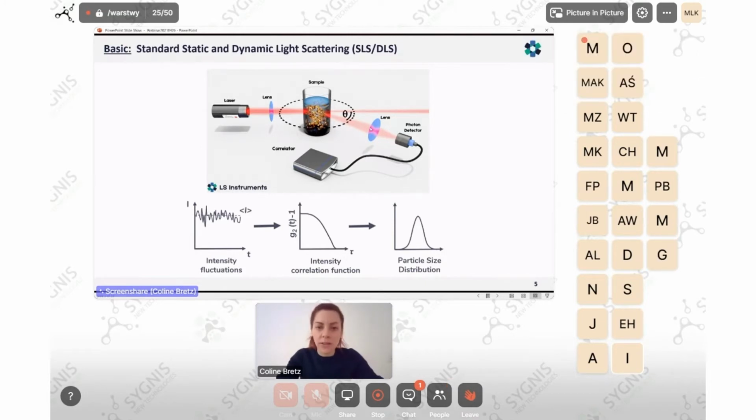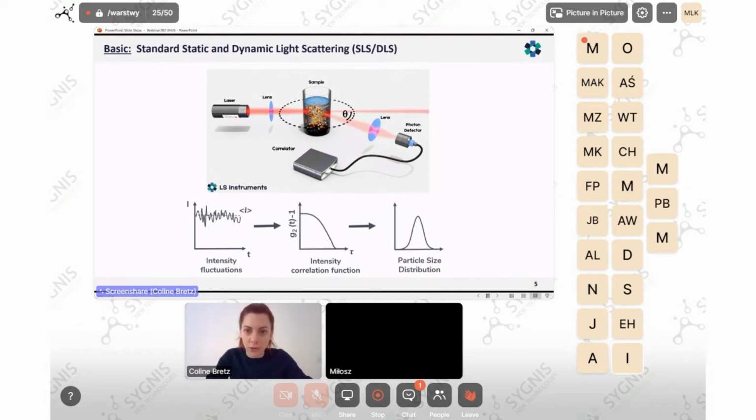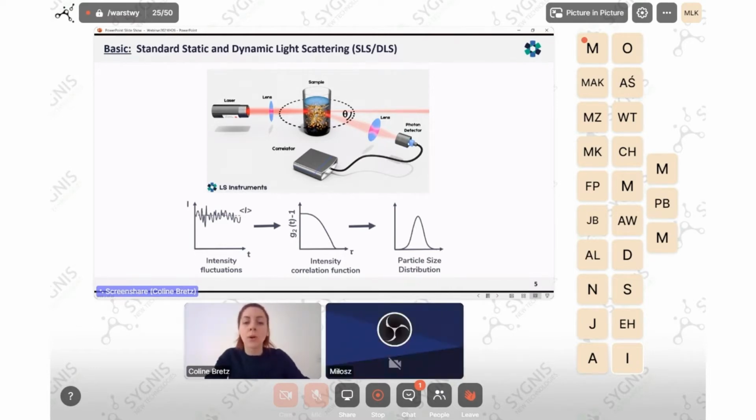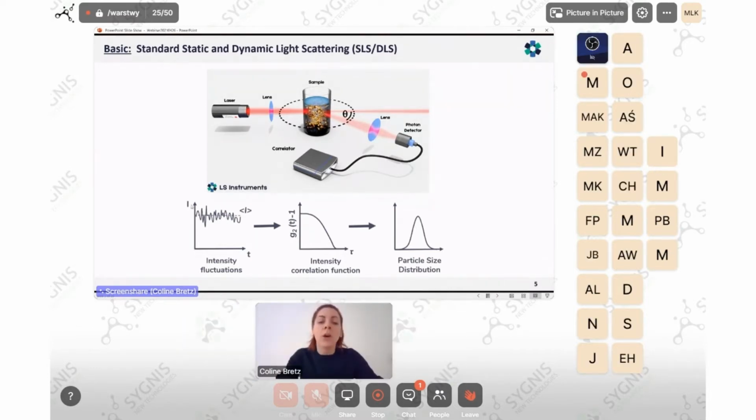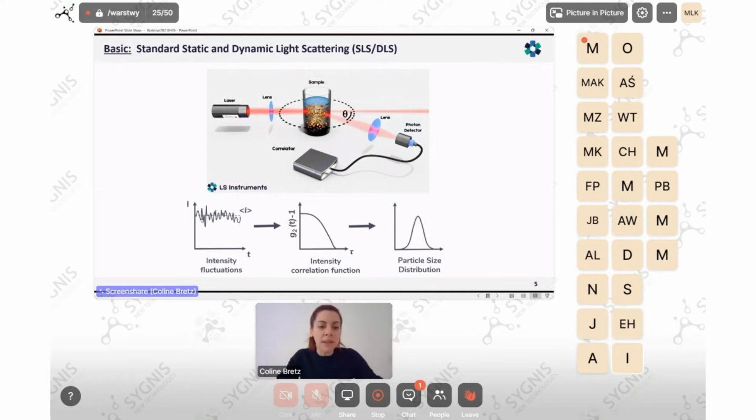We harvest the light that is scattered using a photodetector connected to a correlator. We get the raw signal, that is the intensity versus time, and this represents already the dynamics of the sample. The faster the fluctuations are, the faster the dynamics of the sample are, and so typically the smaller the particles.